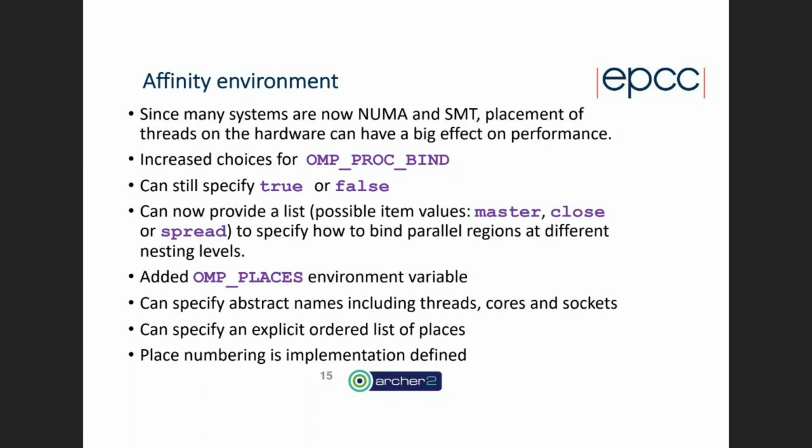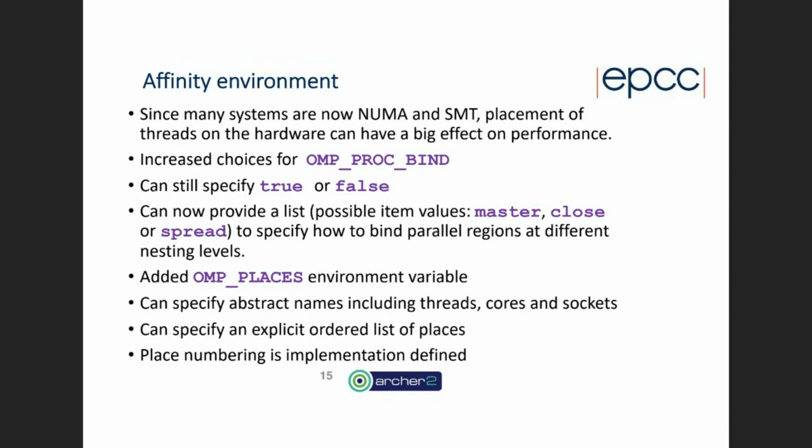Okay, so as long as the underlying operating system thread doesn't migrate, then you'll get this. Every parallel region will essentially have the same mapping of threads to hardware, but there's nothing to really guarantee that. So generally, if possible, it's better to specify the binding.